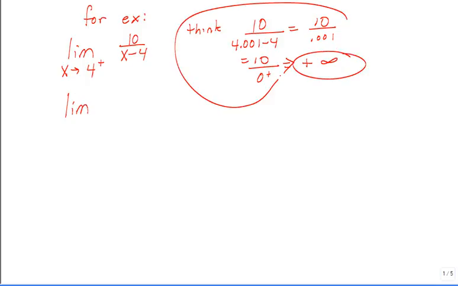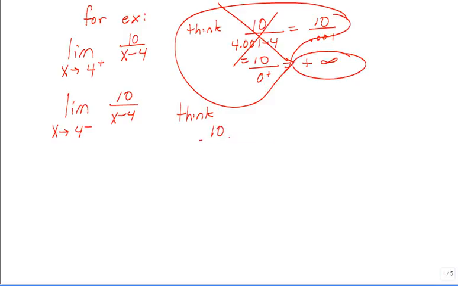This is what you think, though. You don't write this. So don't write that down. That doesn't make any sense. Limit as x approaches 4 from the negative side. Okay, here's again scratch work. That's going to be 10 over, 4 coming in from the left is going to be like 3.999. That's 10 over negative 0.001, which is like 10 over 0 from the negative side, and that's going to go to negative infinity.